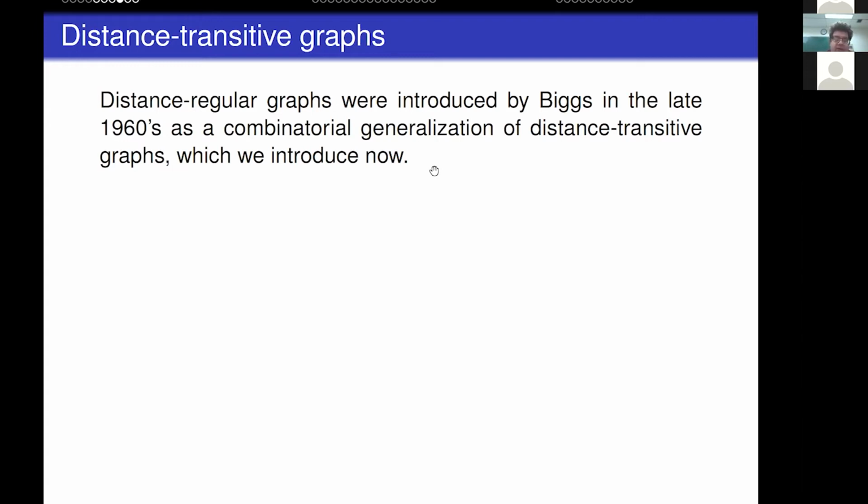On the other hand, Delsarte introduced P-polynomial association schemes, and they are very closely related. A P-polynomial association scheme gives you a distance regular graph, but a distance regular graph can have more than one P-polynomial structure.